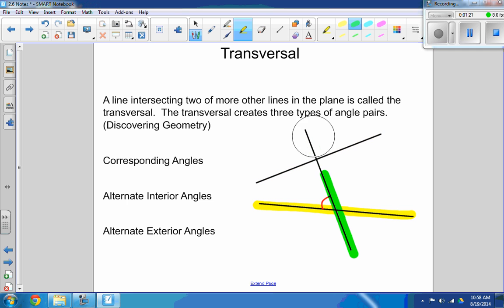Alternate interior angles. Let me demonstrate another corresponding. Corresponding. And corresponding. Those are all the corresponding angles. Alternate interior angles would be these two angles.